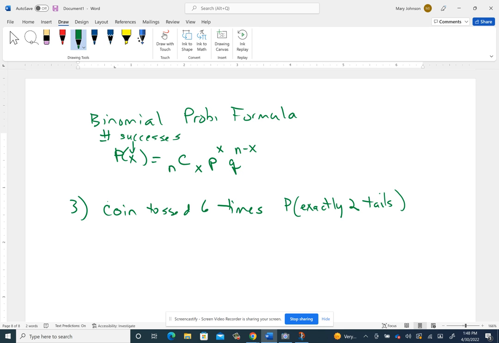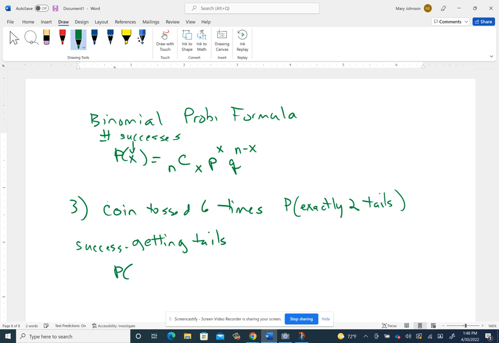Okay, so getting a tail would be a success. Success is getting tails.